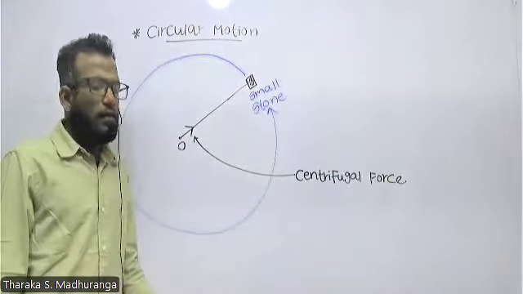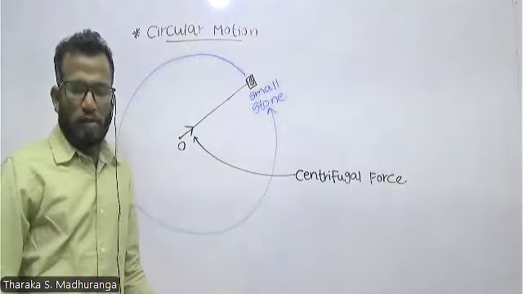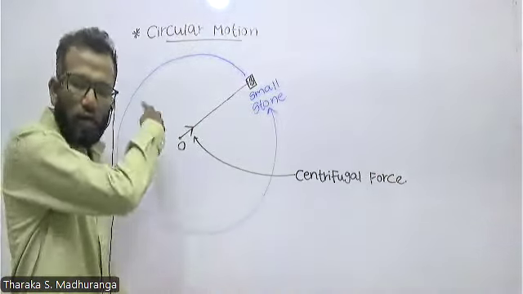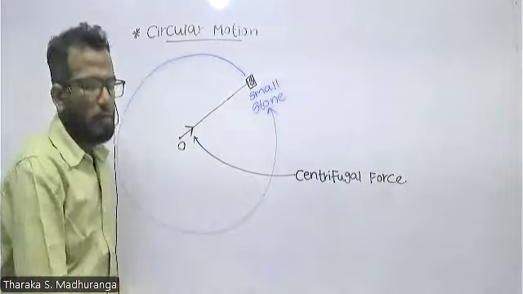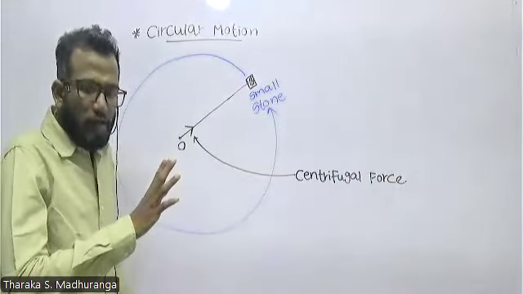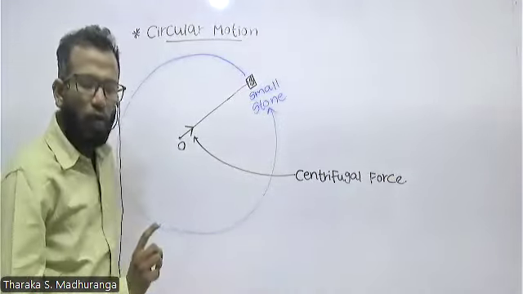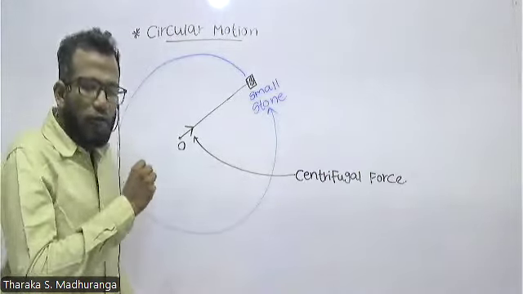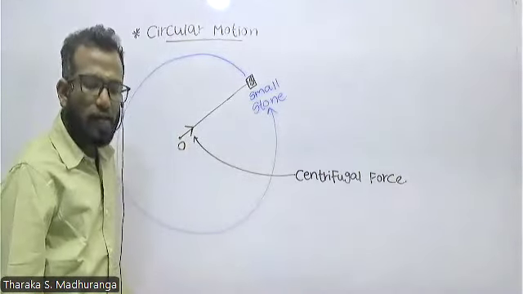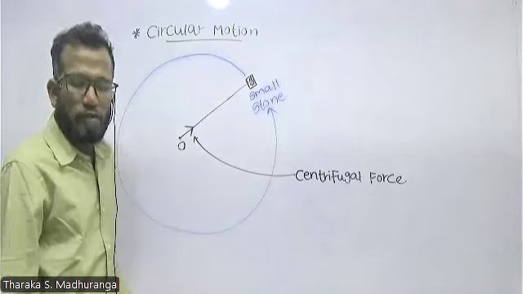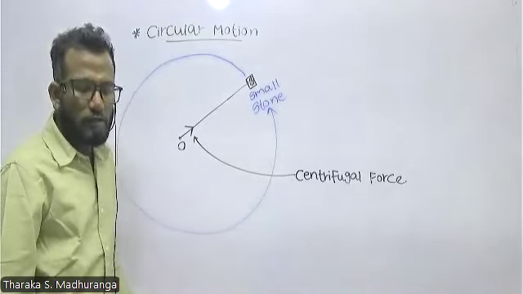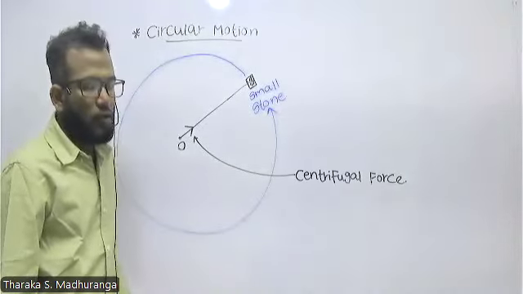That's a small stone rotating around a fixed point. When we rotate it, there is a force acting away from the rotational axis that we call centrifugal force.